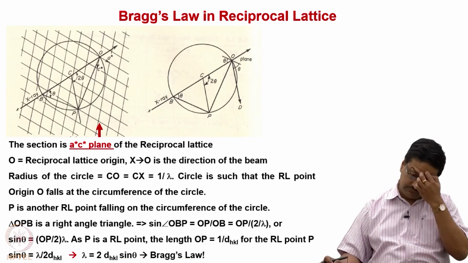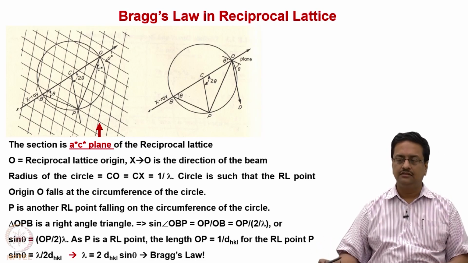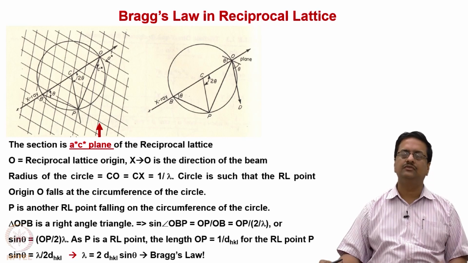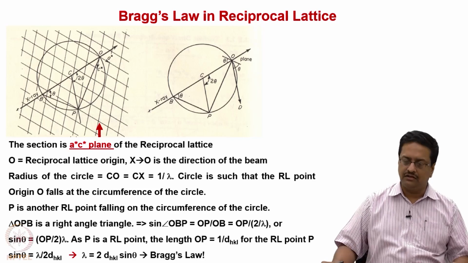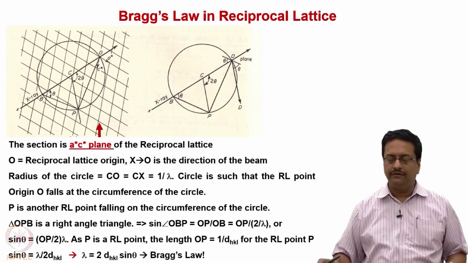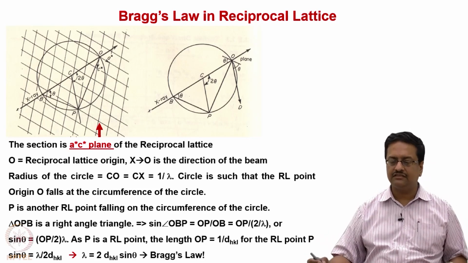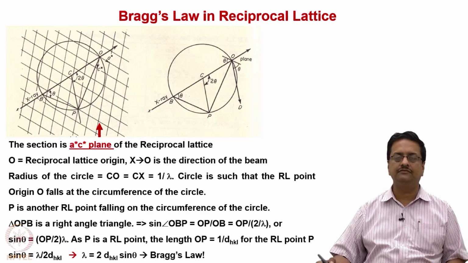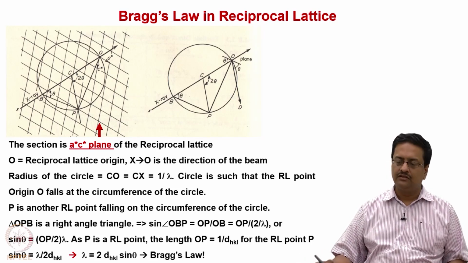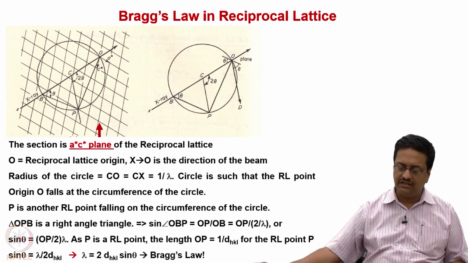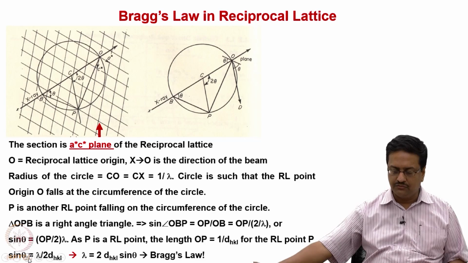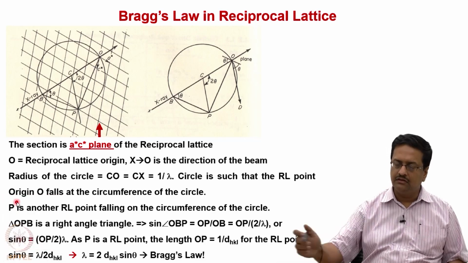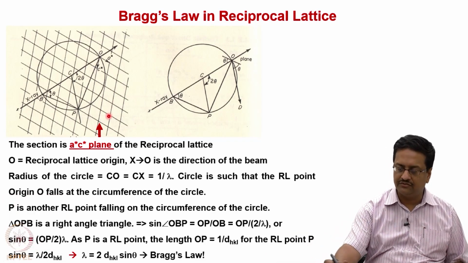Now let us see how we can visualize Bragg's law in the reciprocal lattice. Here in the figure on your left, I have taken the section of the A star C star plane of the reciprocal lattice. So the grid lines that are visible here correspond to the reciprocal lattice points.